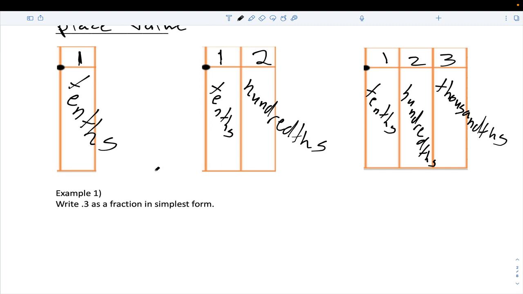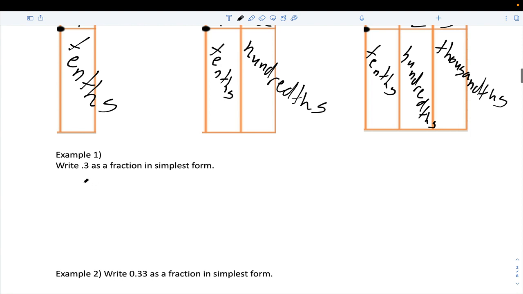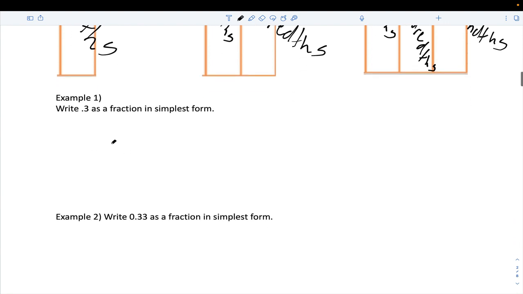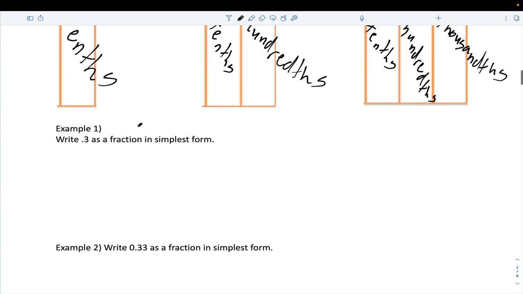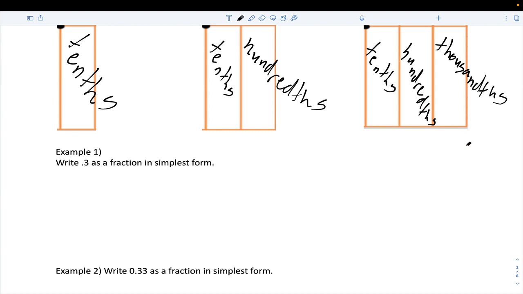Here's why you need to remember that. 0.3 as a fraction in simplest form is what you're asked to find now. 0.3 is a decimal, you need to turn it into a fraction. When you get these types of problems, you look immediately at the location of the number. It's 1 to the right of the decimal, so in my head, I'm thinking that's in the tenths place. Draw an arrow and say tenths.